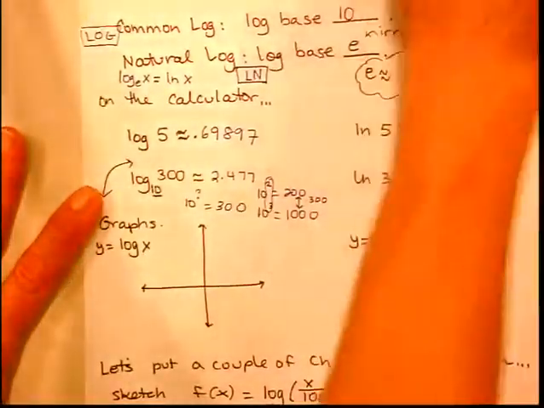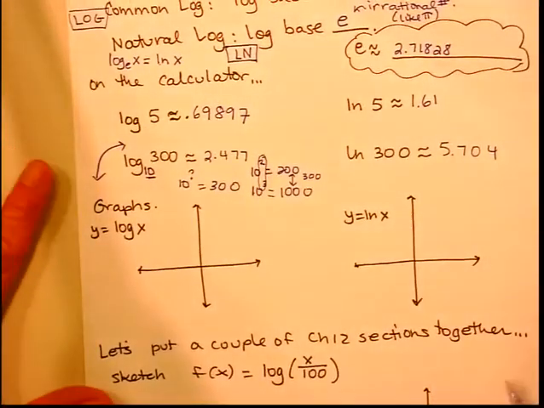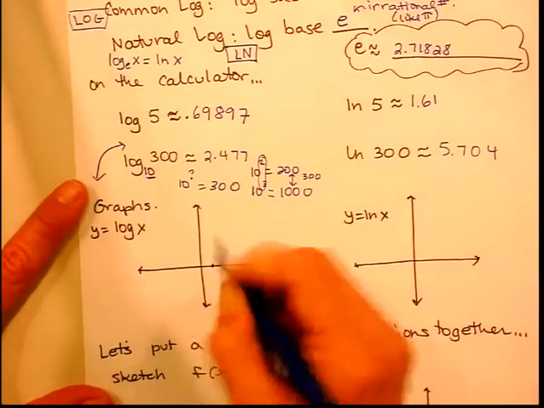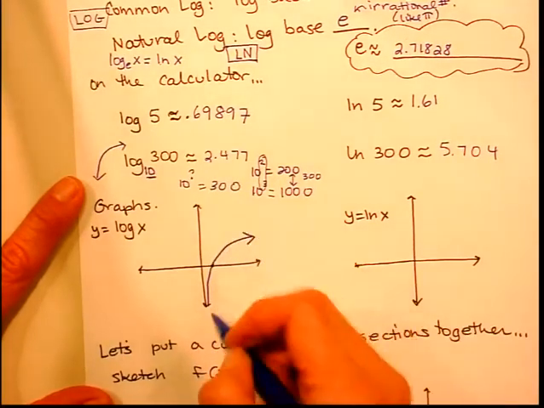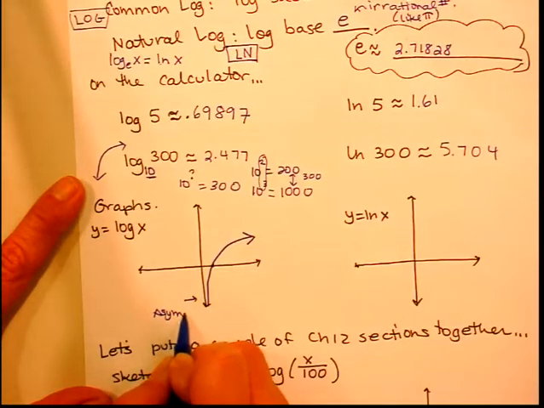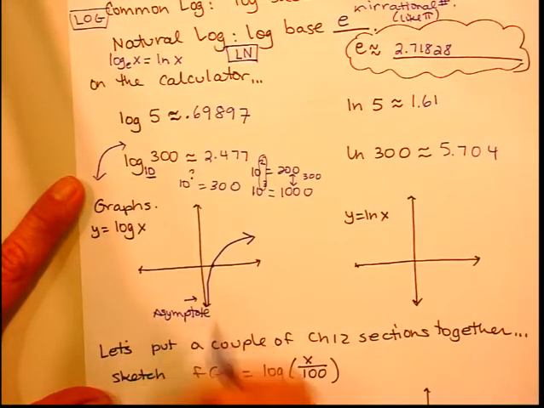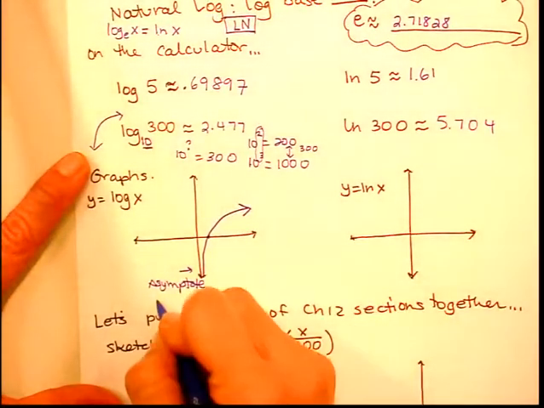Now, let's talk about the graphs. Hey, you know what? I'm not going to see a whole lot of difference in my graphs, so I'm going to graph. Right, I still have my asymptote of the y-axis.